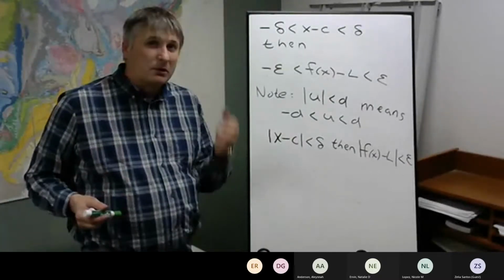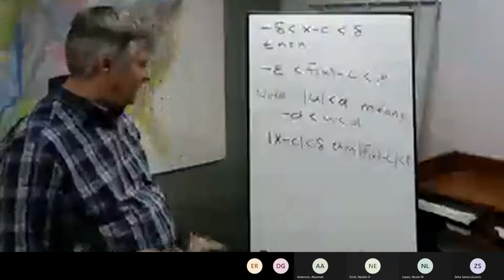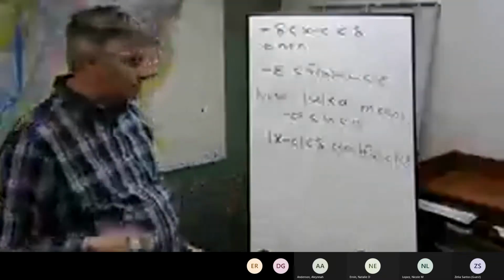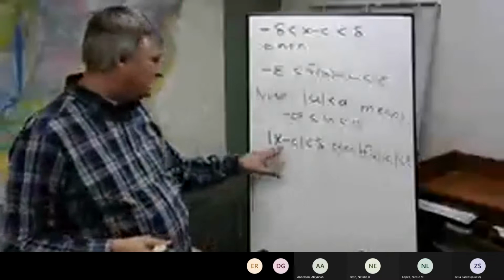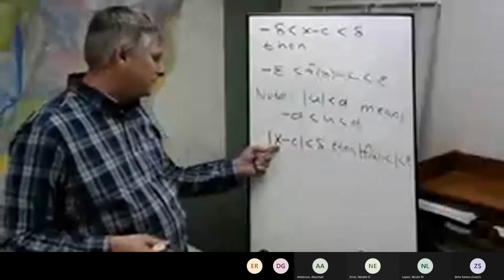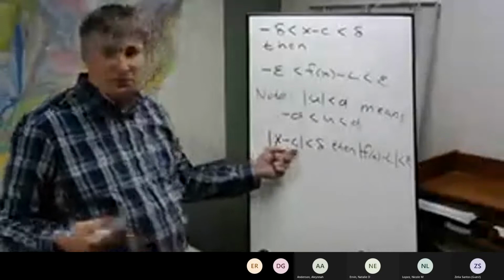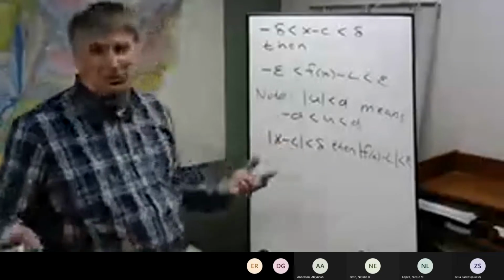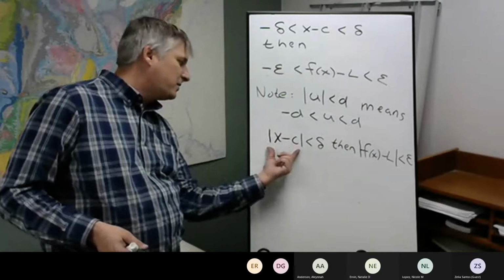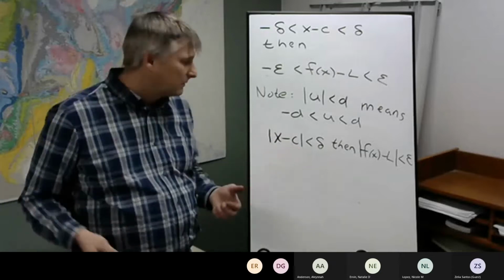We're putting it into words. Remember, absolute values tell us distance. So the distance between x and c, and if x is smaller than c, like x is 2 and c is 3, well, it's still a distance of 1. 2 minus 3 is negative 1. Absolute value of negative 1 is 1.